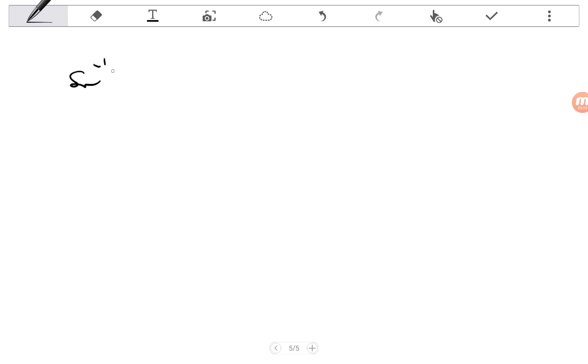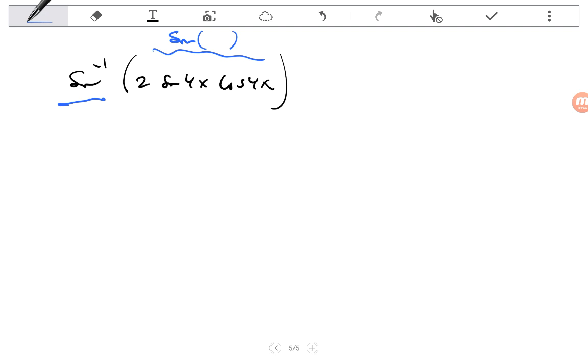What about sine inverse of 2 sine 4x cosine 4x? Whenever the inverse function is outside, I must make this expression in the form sine of something.